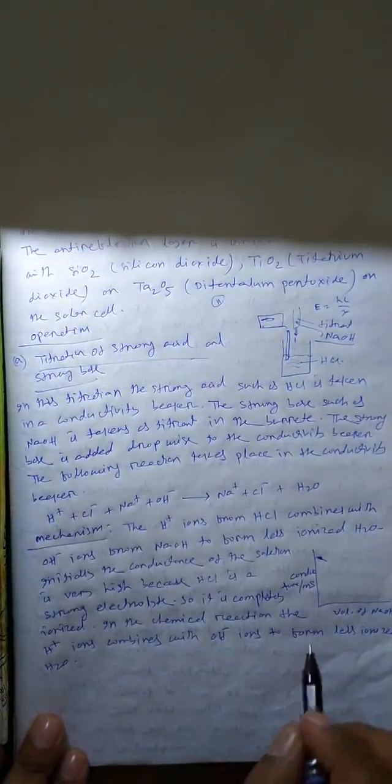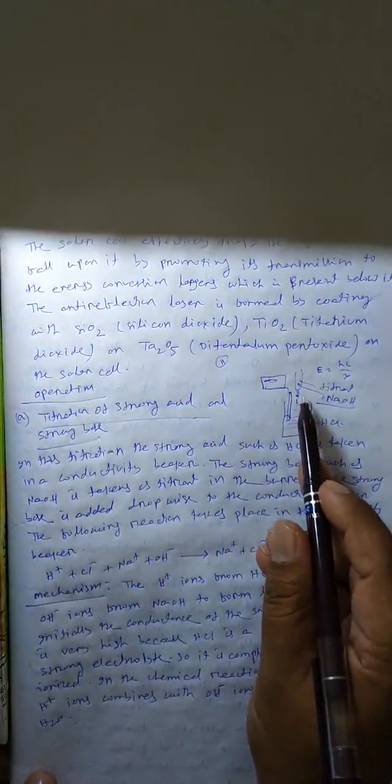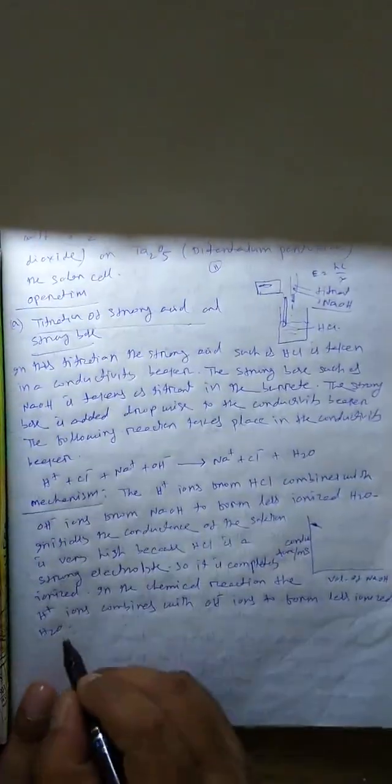That means in the chemical reaction what happens? Now the H plus ion in the beaker combines with OH minus from the burette to form water. Water is less ionized.